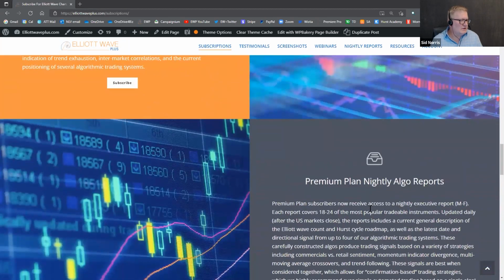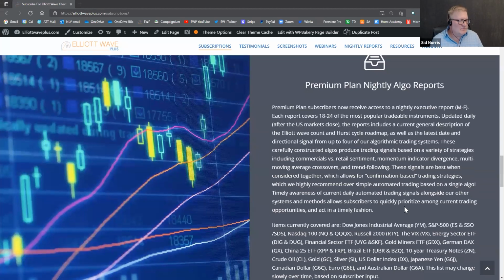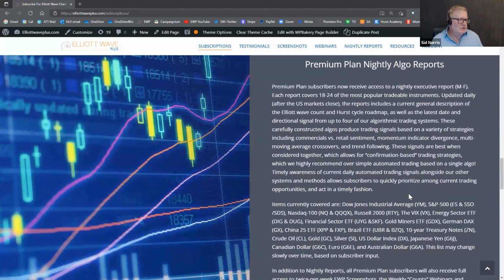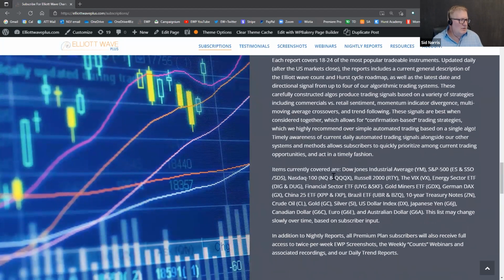And then finally, there's the premium plan. Premium plan includes everything I just mentioned, but it also has nightly screenshots it sends out and a summary report of those screenshots of automated trading signals based on a momentum algo that we created here at Elliott Wave Plus, and also includes our sentiment screenshots on virtually everything that is covered, all 20 items that are covered inside the premium plan.